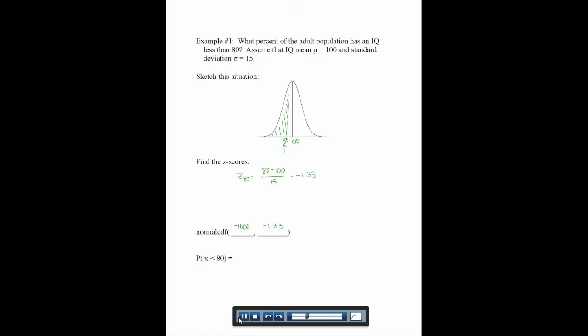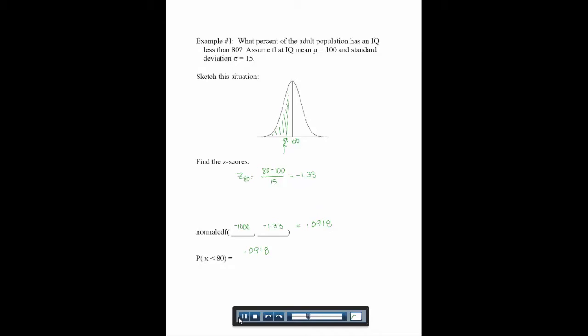When we put that into our calculator, we get 0.0918. So the probability that x is less than 80, if you randomly chose an adult, is 0.0918, which of course is 9.18%.